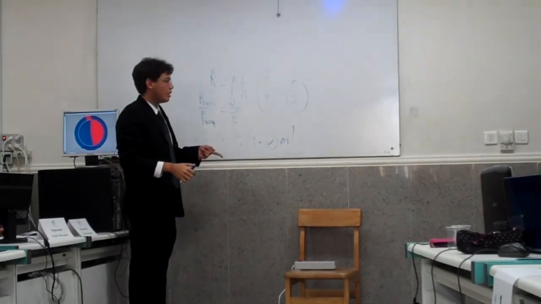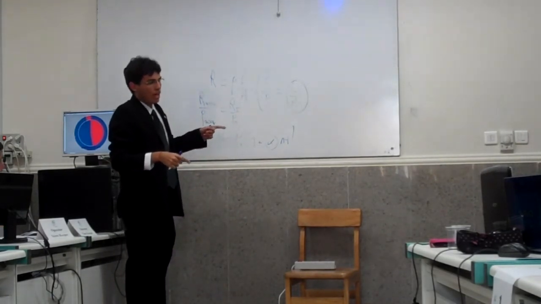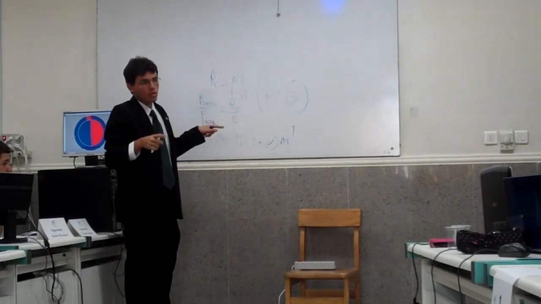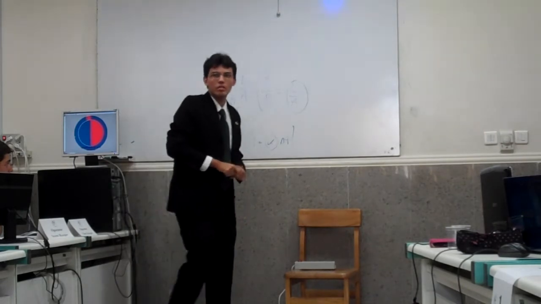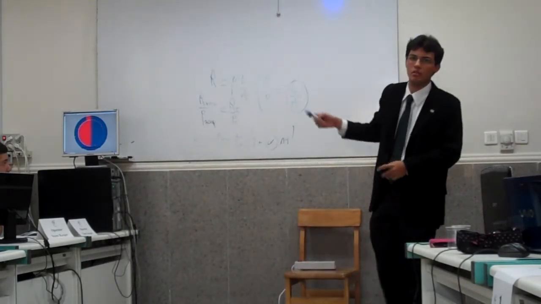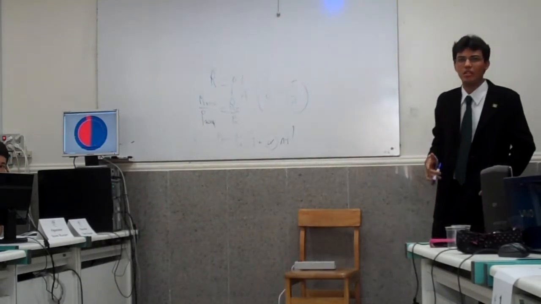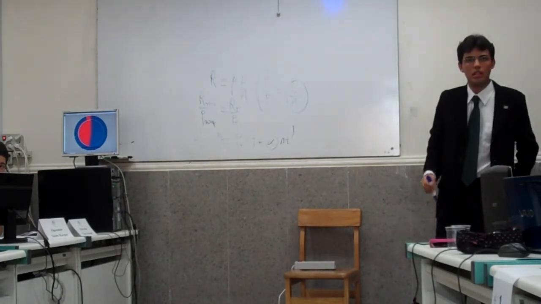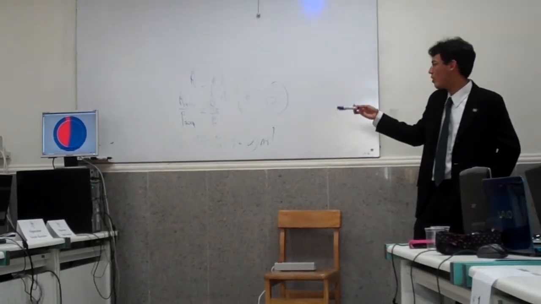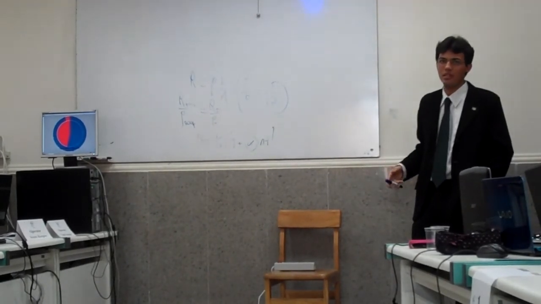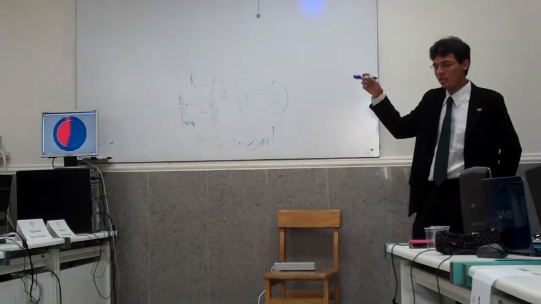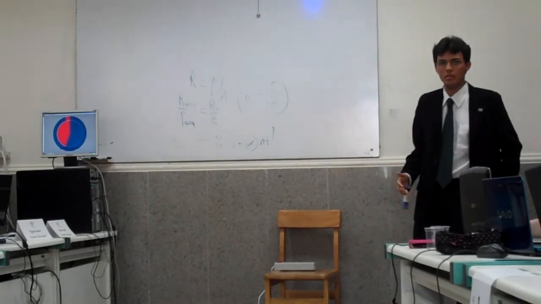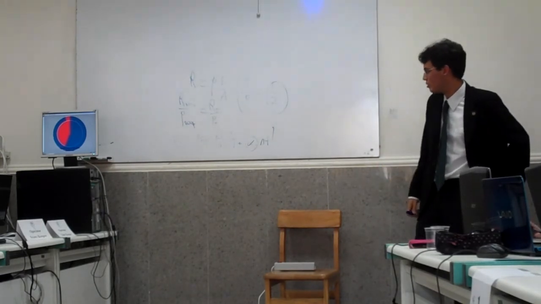So I can use the graph of the resistivity of the tungsten against temperature, and I find the temperature of the filament. The graph is easily found in the literature.